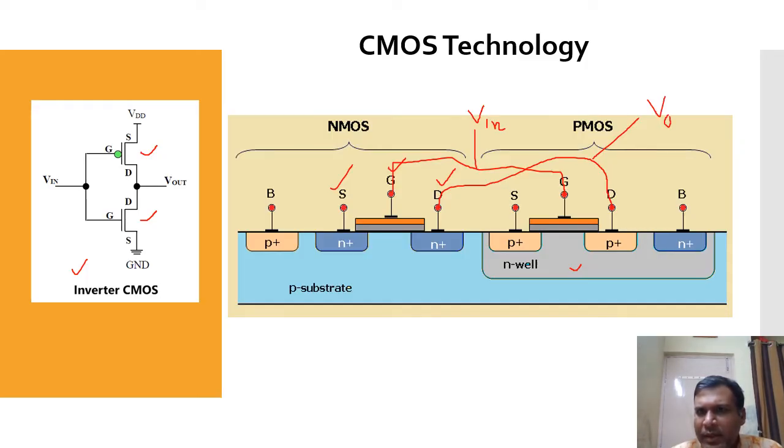So in a CMOS circuit there is one input terminal and one output terminal. The input terminal is a connection between the two gate terminals, and the output terminal is a connection between the two common drain terminals, where we will get the output value.